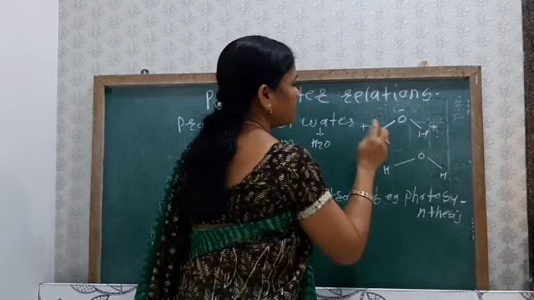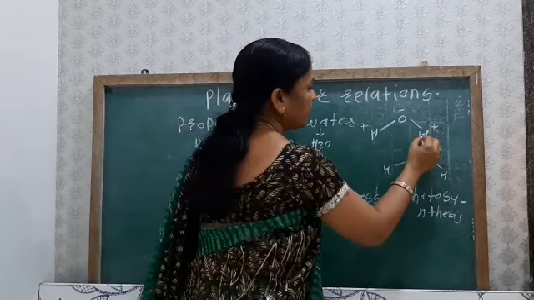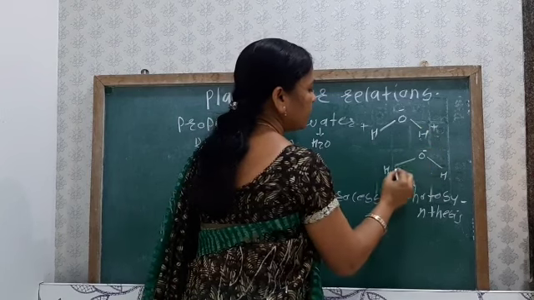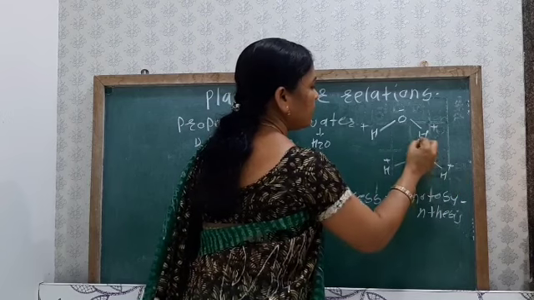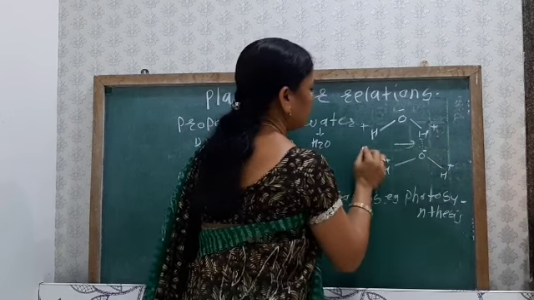Hydrogen is positively charged, oxygen is negatively charged, and the two water molecules are joined by the hydrogen bond.